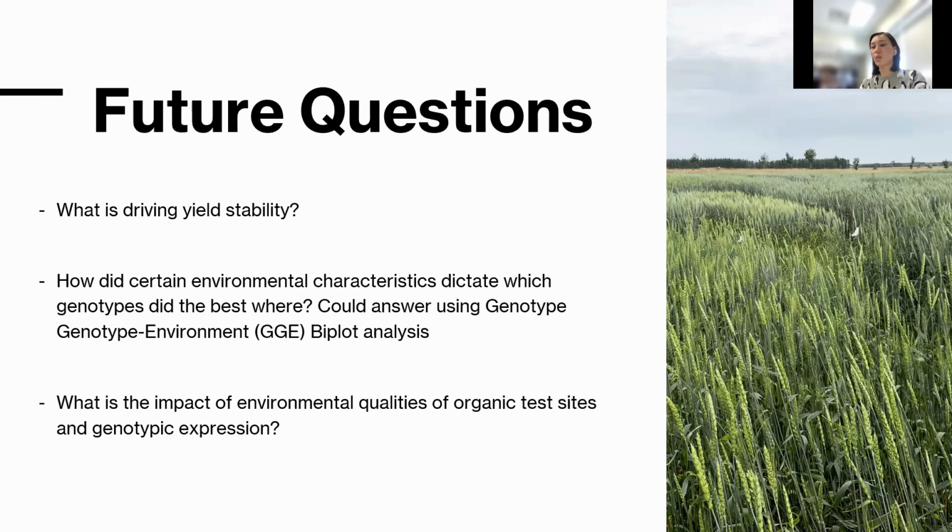We want sites and test trials that actually pick up these genotypic differences. So where is the line between a stressful environment where we can really test drive these genotypes, but also not so stressful that we don't see any differences? Those are some of the questions that I've pulled out of this experiment.